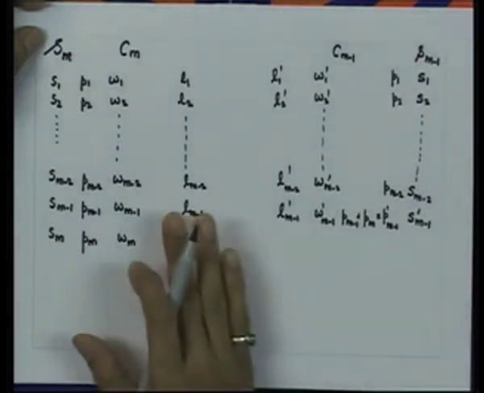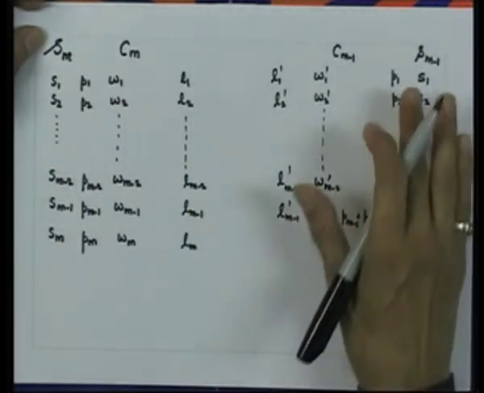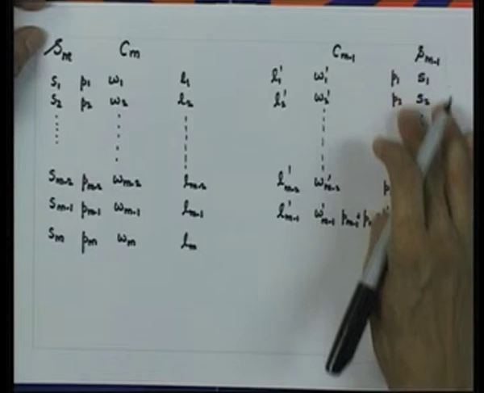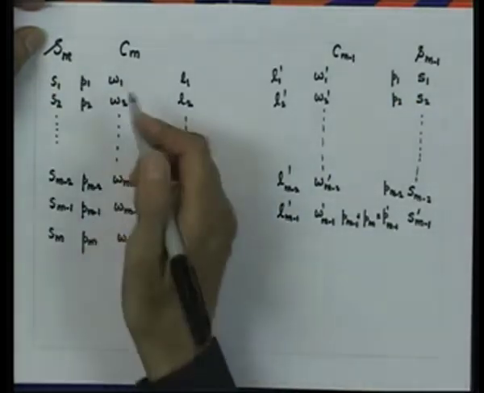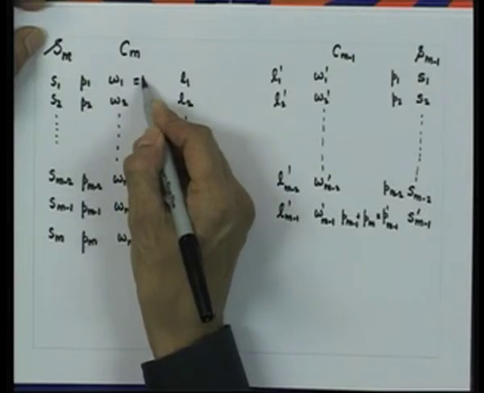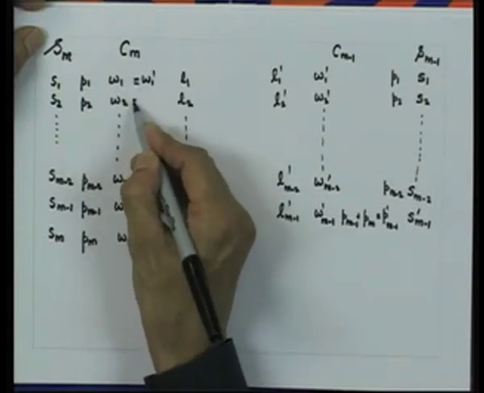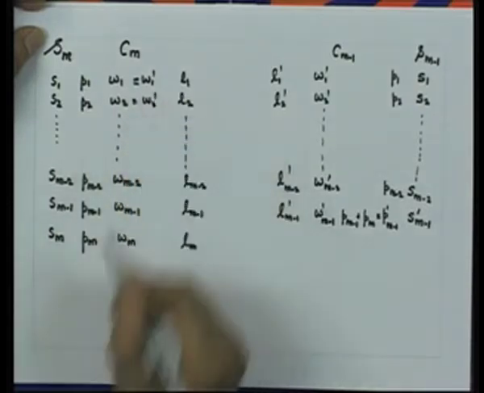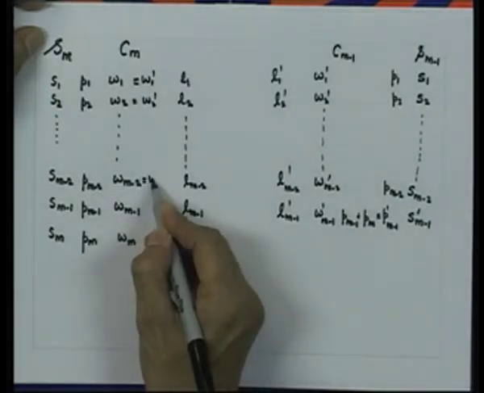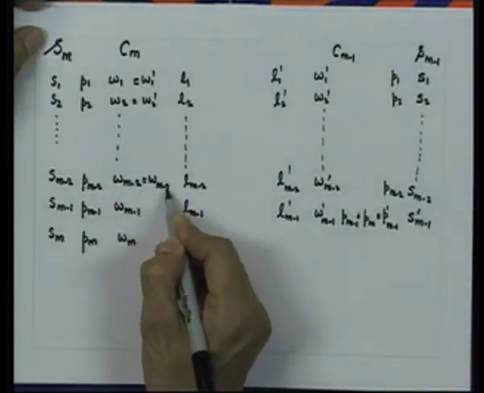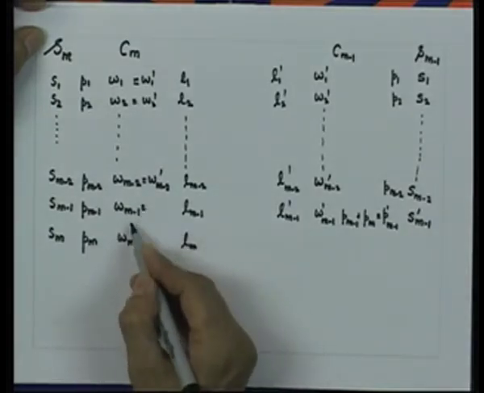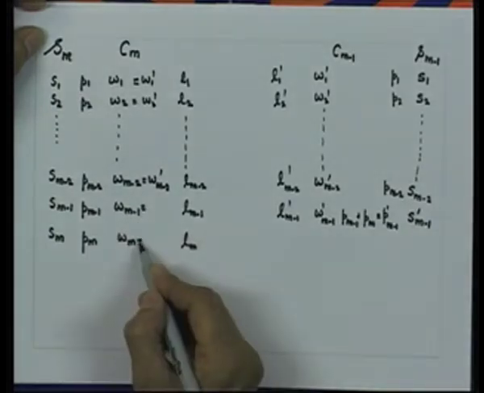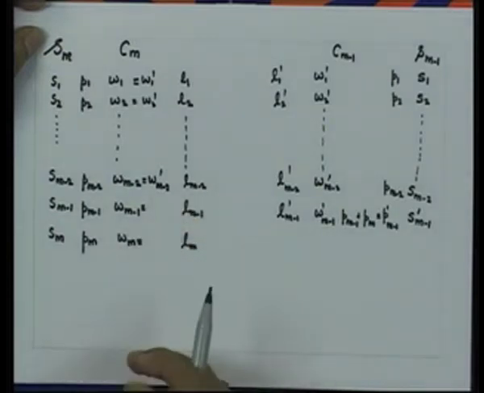Now, from the way we have generated this reduced source from this source, I can write that W1 is equal to W1', W2 is equal to W2', up to W_(m-2) equal to W'_(m-2), while W_(m-1) and W_m will differ in just the last bit.